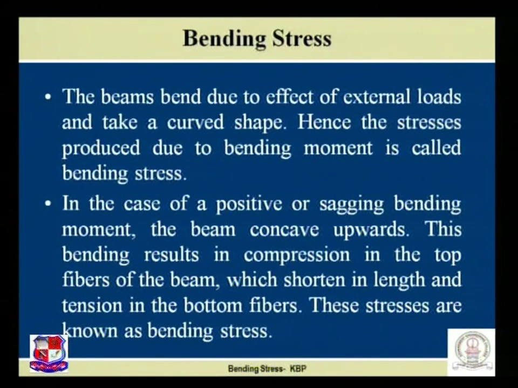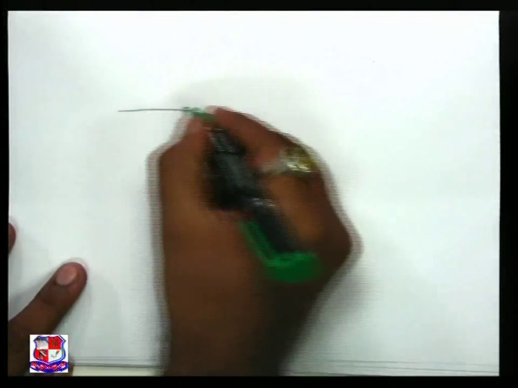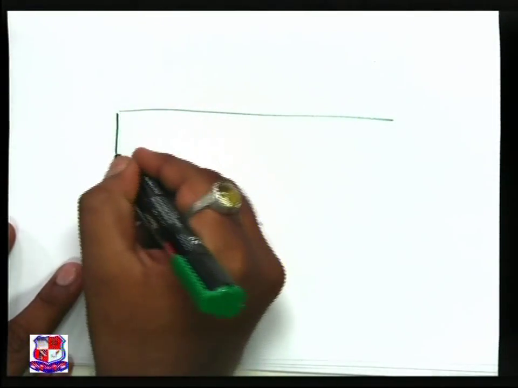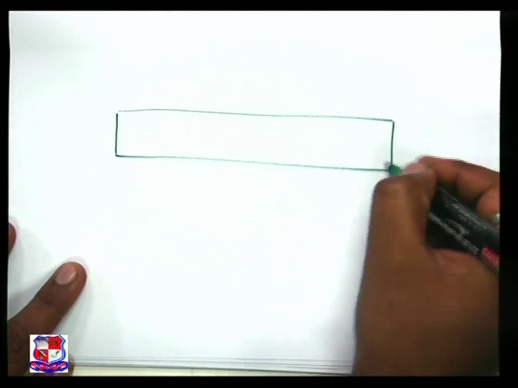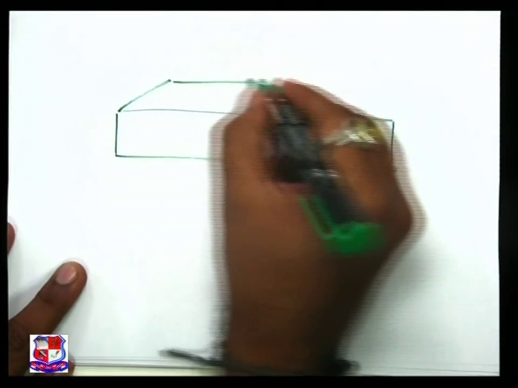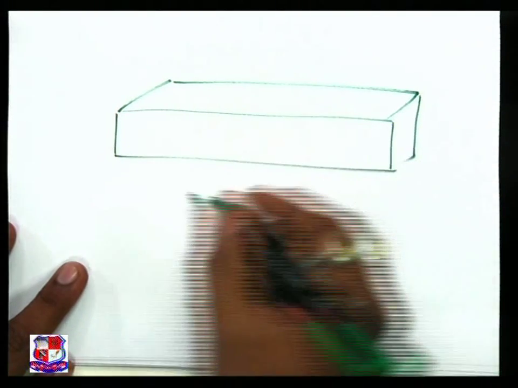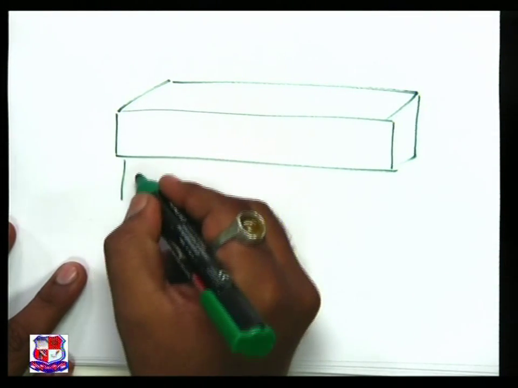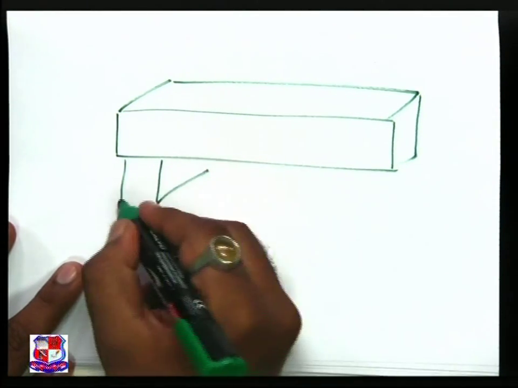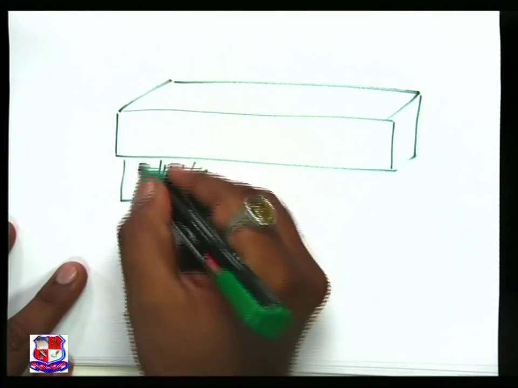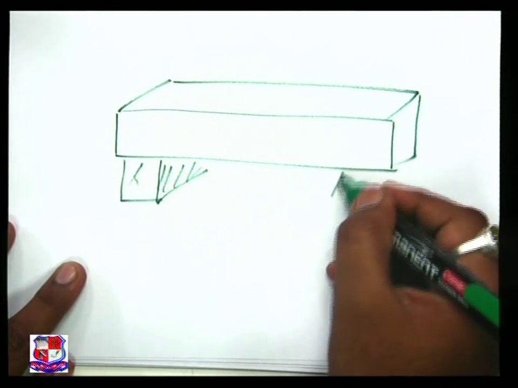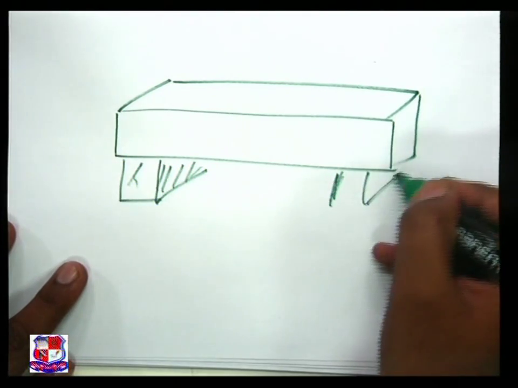I will revise the statement once again on this tabletop. So, if this is the beam, if I draw it in a 3D diagram, this is the support, and this is the other support on the other side.